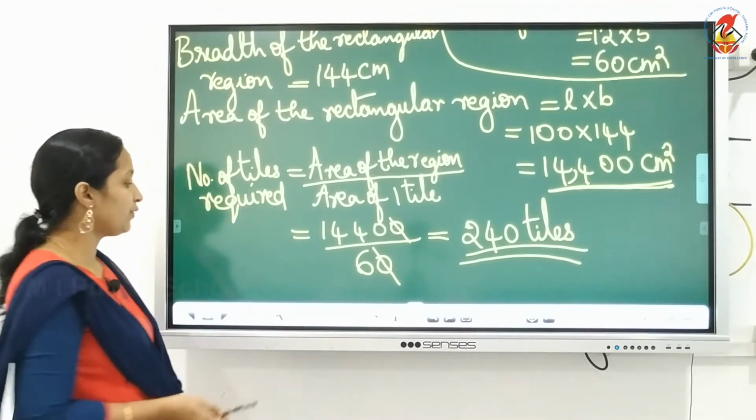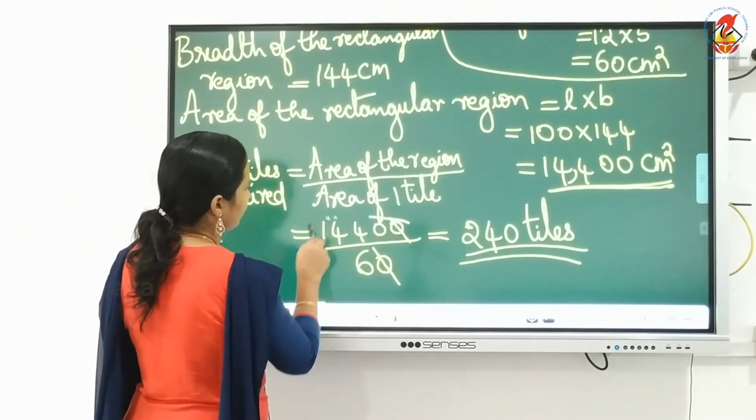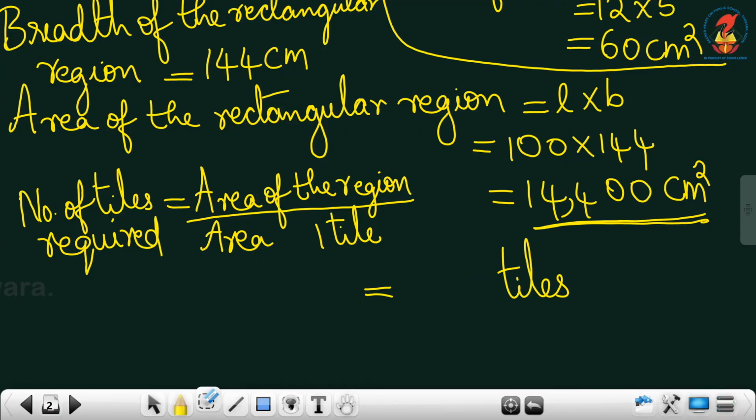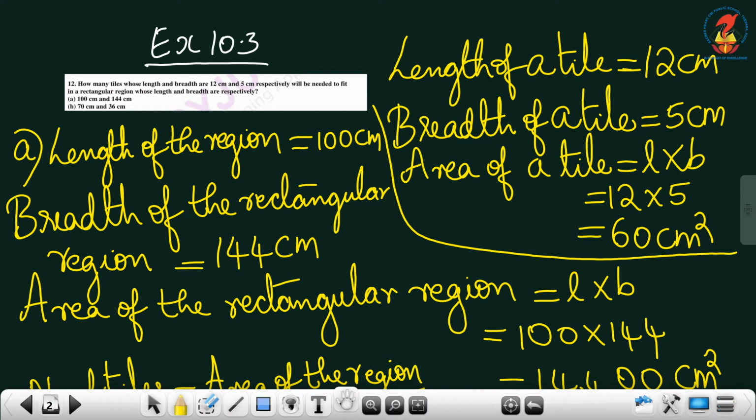In the same way we will find out the next answer also. Question number B. Length of the region is 70 centimeter, breadth of the region is 36 centimeter.